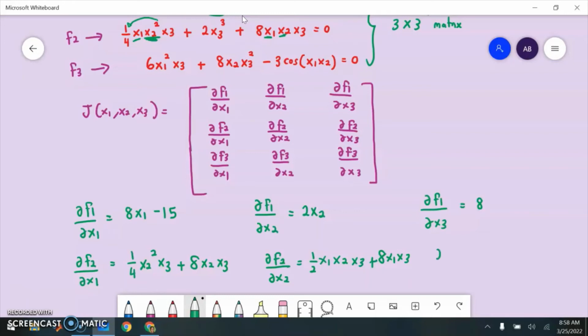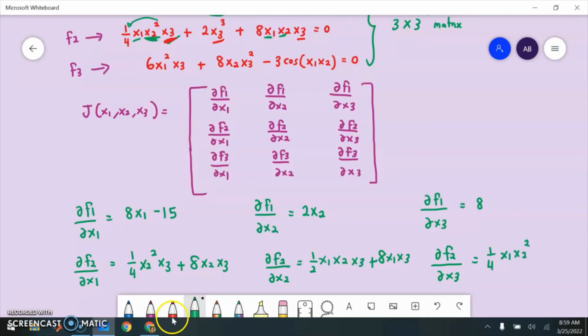Now function 2 with respect to x3. I'm just going to read now. I have this term and this term. You've got to add all these terms. For this x3, you will have 1 over 4 x1 x2 squared.